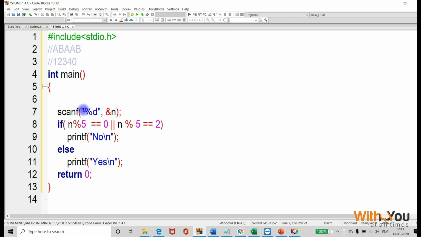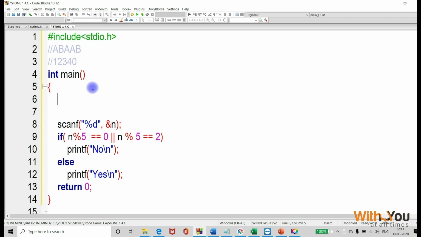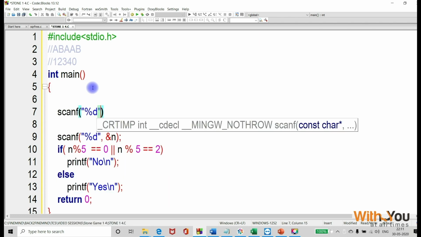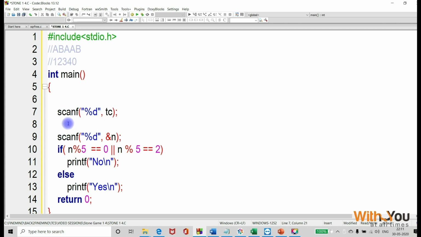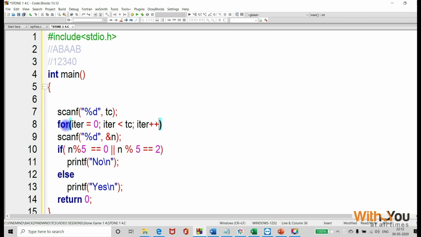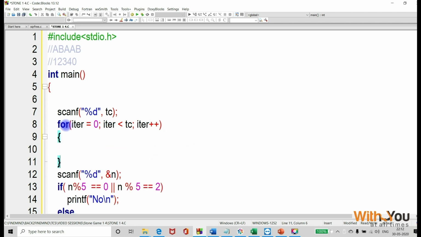So the first input is going to be the test case count. So scanf %d, tc. Now this should be in a loop. For iter equal to 0, iter less than tc, iter plus plus. This makes the code look a little elegant.